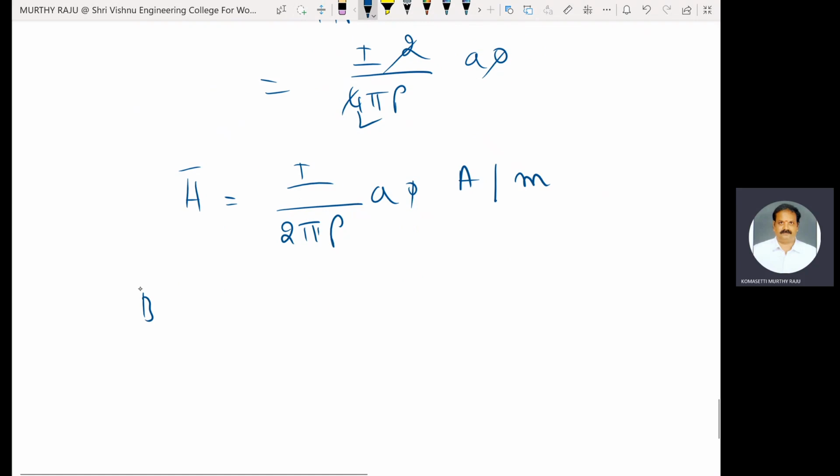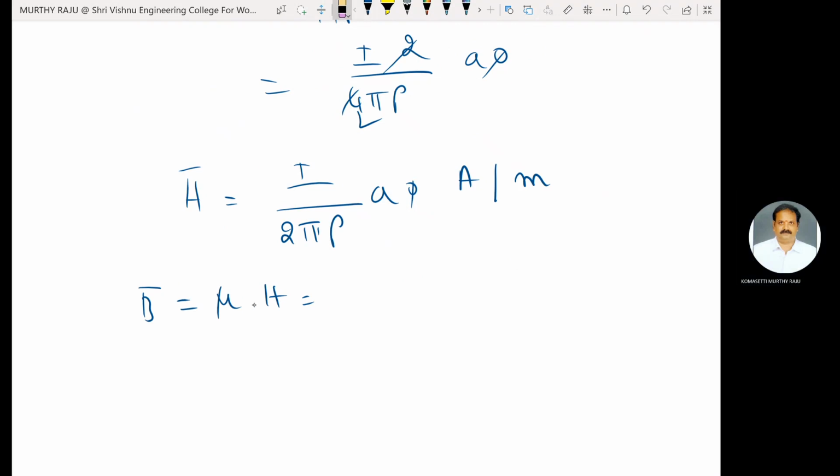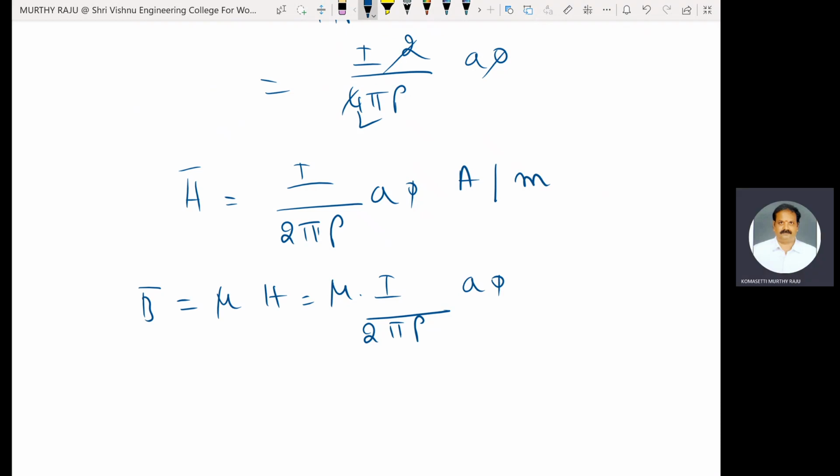The magnetic flux density B is equal to mu naught into H, that is mu naught I by 2 pi rho a phi, in Weber per meter square.